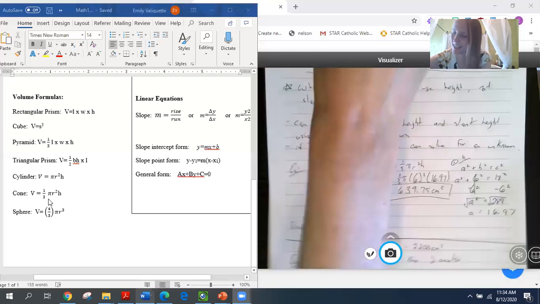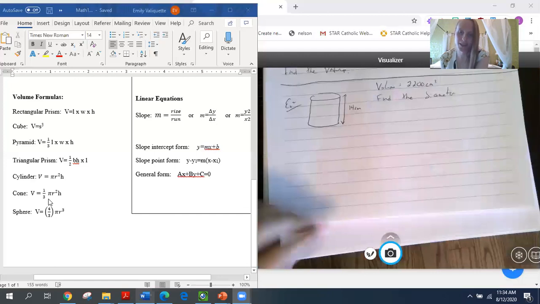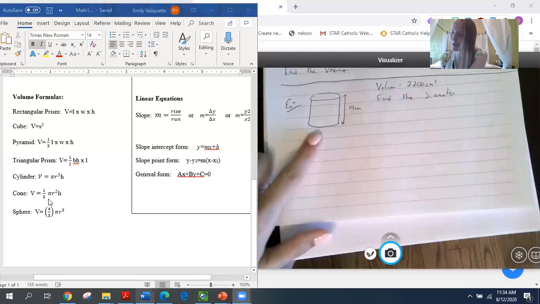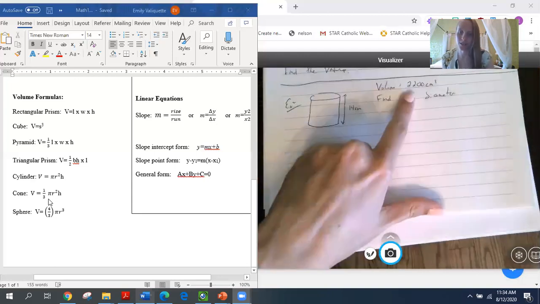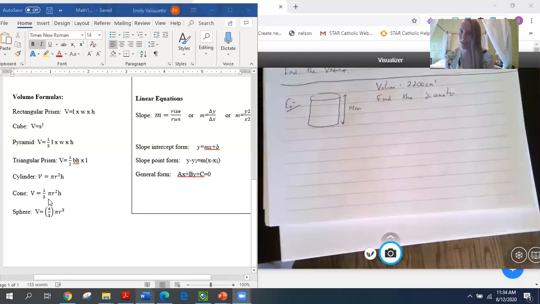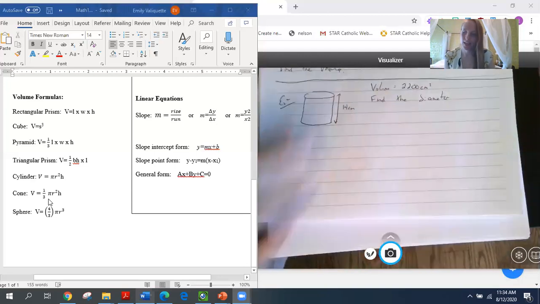So that is the second example here. I've now given you a cylinder with a height of 14 centimeters. I've told you that the volume is 2200 centimeters cubed, and I've asked you to find me the diameter. So the first thing I'm going to do is go over to my formula sheet and look up cylinder.